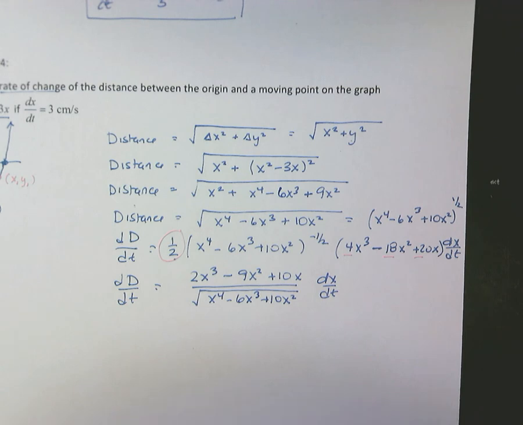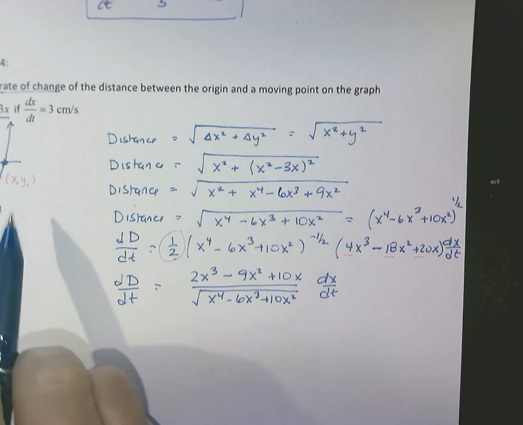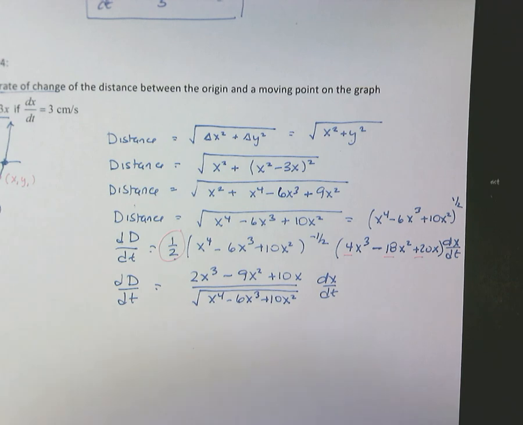Okay, find the rate of change of the distance between the origin and a moving point on the graph. It doesn't tell me where the point is. Oh wait, no, here it does. If dx/dt equals 3 centimeters per second. So I don't have a specific point. If I had a specific point, I could plug in my x values, but I don't have that.